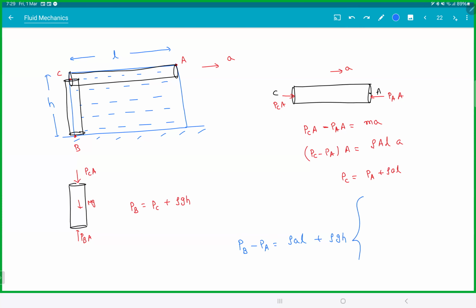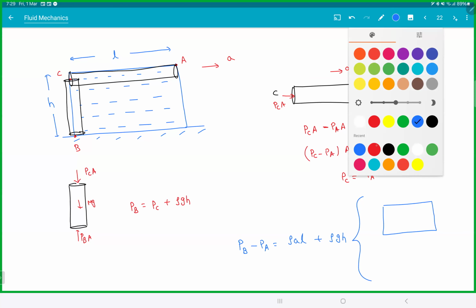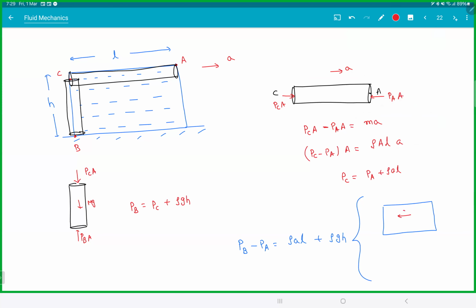So basically this problem can be treated as if this container has two accelerations, A this way and G this way. When we travel horizontally, consider only A. When you travel vertically, consider only G. So from A to C, it behaves like gravity is A.